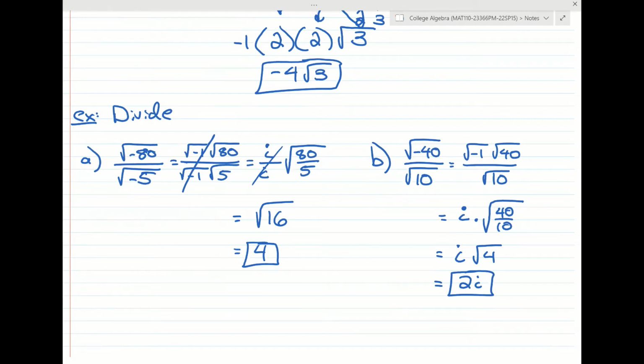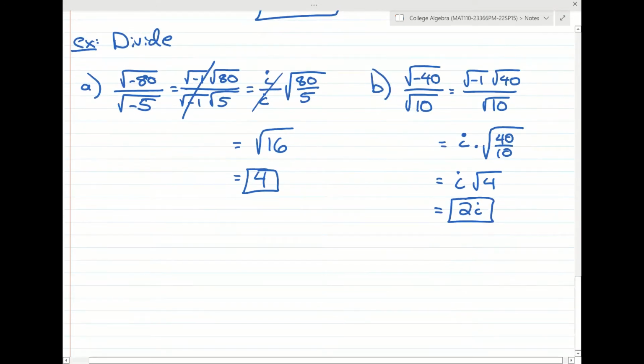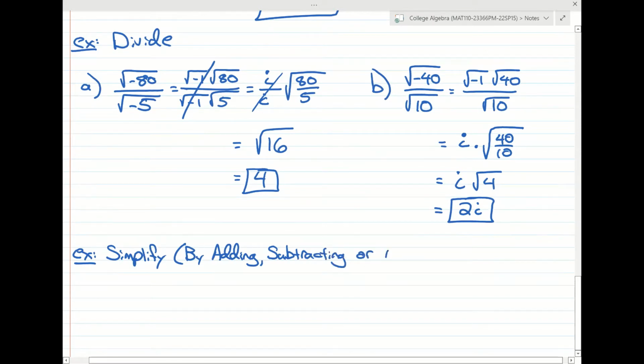These are problems where we're simplifying radicals. I wanted to finish today by adding, subtracting, and multiplying with i's. So say we had a problem like this. I'll just ask you to simplify these. When I'm saying simplify, I mean by adding, subtracting, or multiplying.